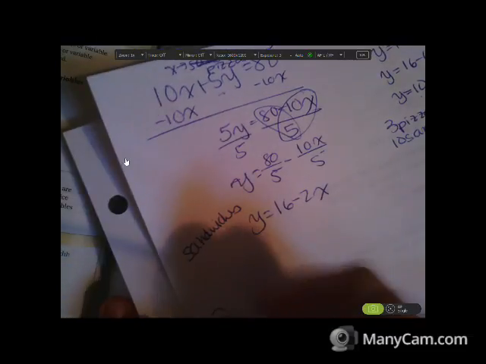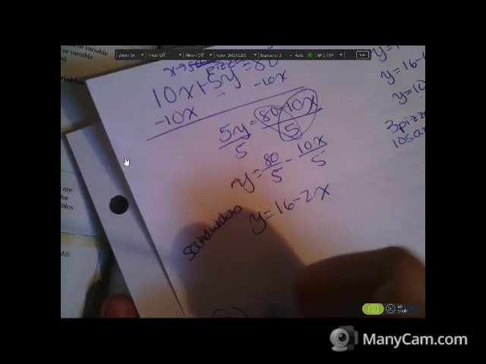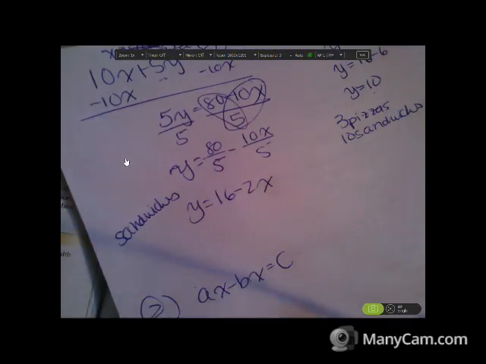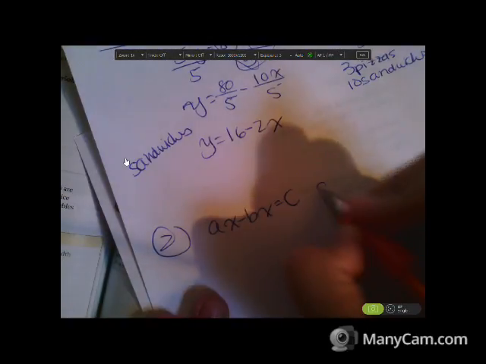Alright. So, number 2. We want to solve ax minus bx equals c. We want to solve this for x.